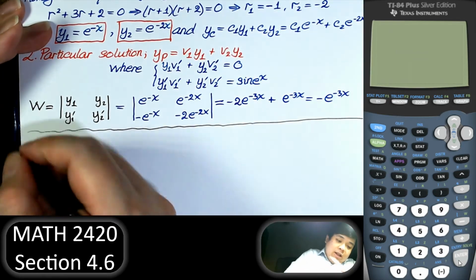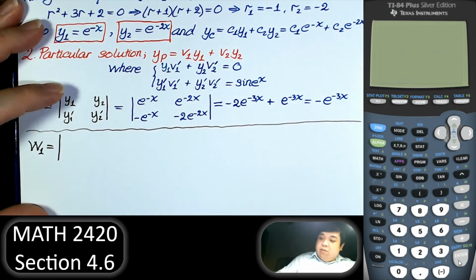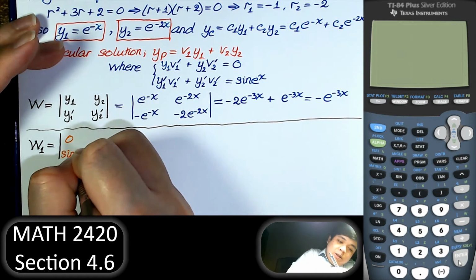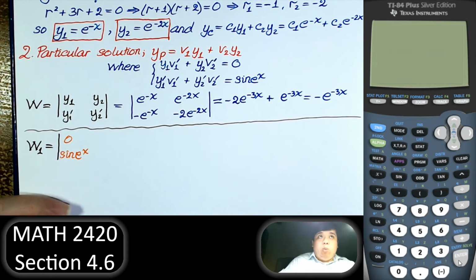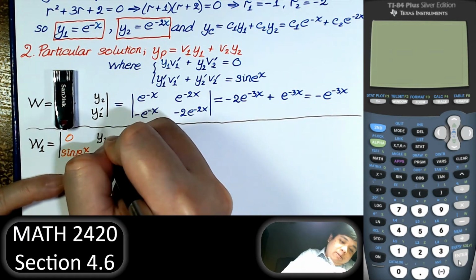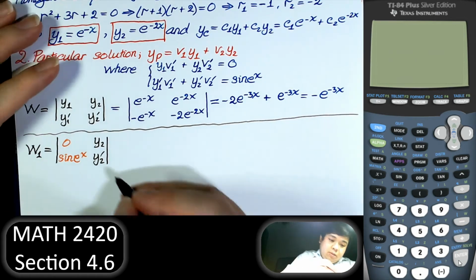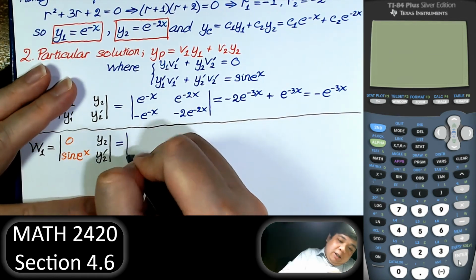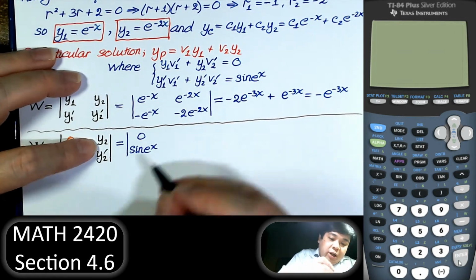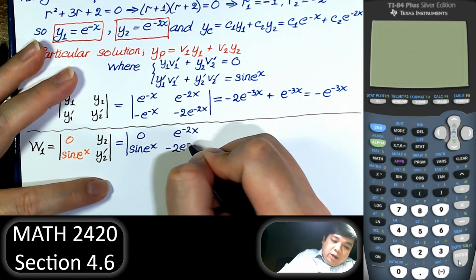It's not that bad. W1. We put the last column in place of y1, y1 prime. y2, y2 prime will stay the same. So 0, sine of e to the x, y2 is e to the negative 2x, y2 prime is negative 2 e to the negative 2x.